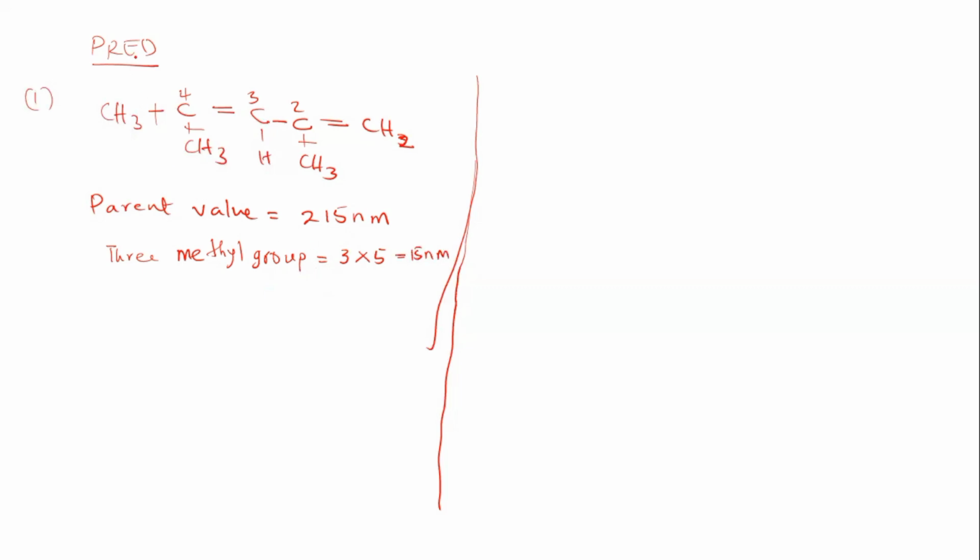The next thing we go about is the exocyclic double bond. Of course, there's an exocyclic here. What about the double bond extension? There's no double bond extension, that means after this diene, there's no other double bond after them. So therefore, you add them and you get your answer.